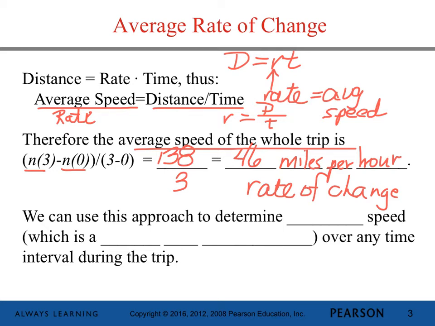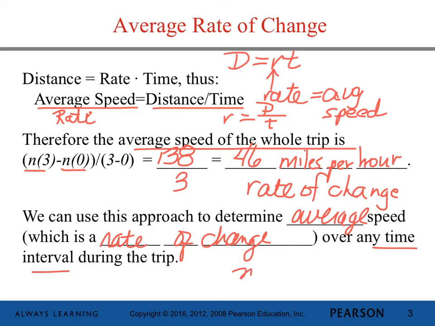So we can use this approach to determine average speed, which is a rate of change, over any time interval. Remembering that in this case, we're still talking about slope, and the slope is the difference between 2 points.